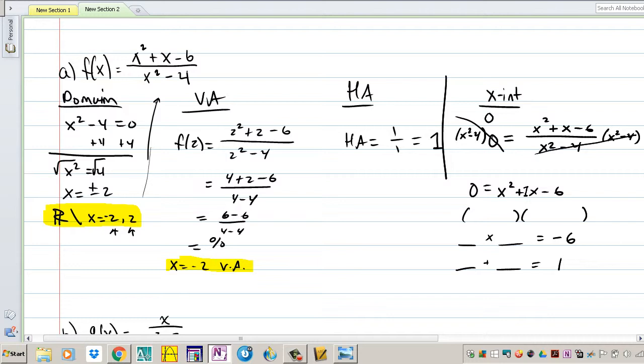You think 2 and 3, but one has to be negative because of the negative 6, and the middle term is positive, so the bigger number is positive and the smaller number is negative. Negative 2 and 3. So my factors are x minus 2 and x plus 3 equals 0, and x is equal to 2 and negative 3.